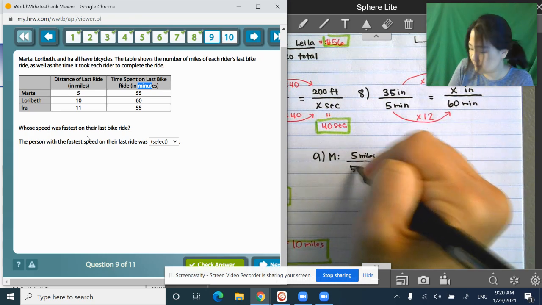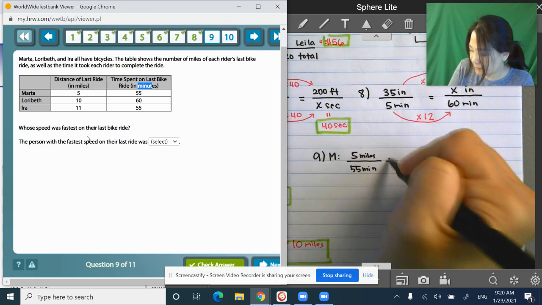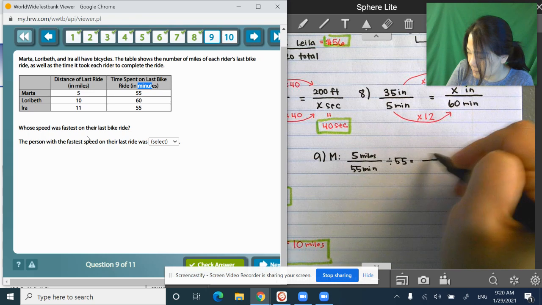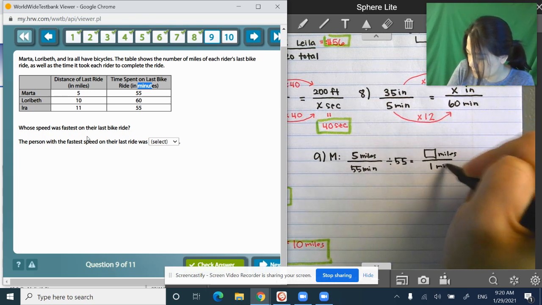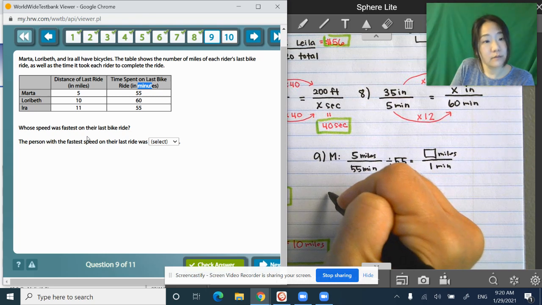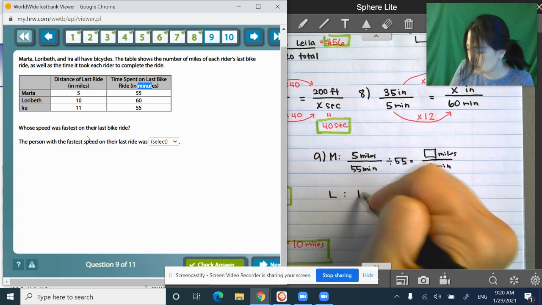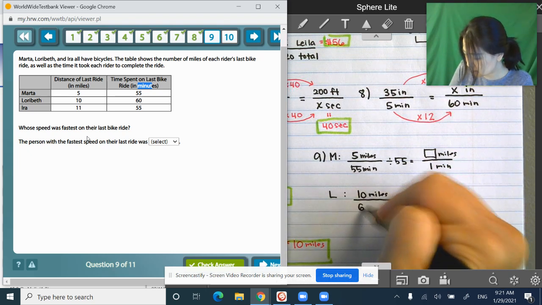in 55 minutes. And I'm going to divide by 55 to see how many miles per minute. And then for Lori Beth, it is 10 miles in 60 minutes.